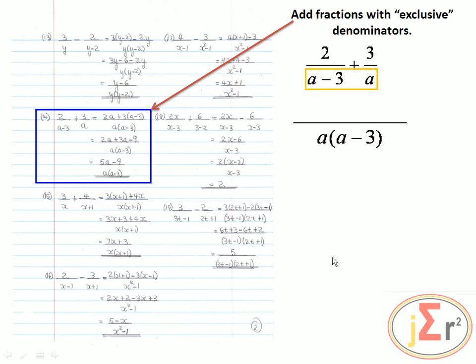The first term in the numerator will be the product of the first numerator and the second denominator, 2a, and the other one will be the product of the first denominator and the second numerator. There we have it.